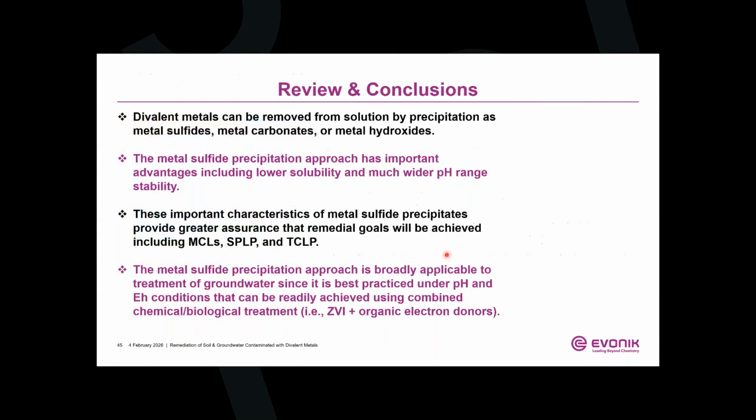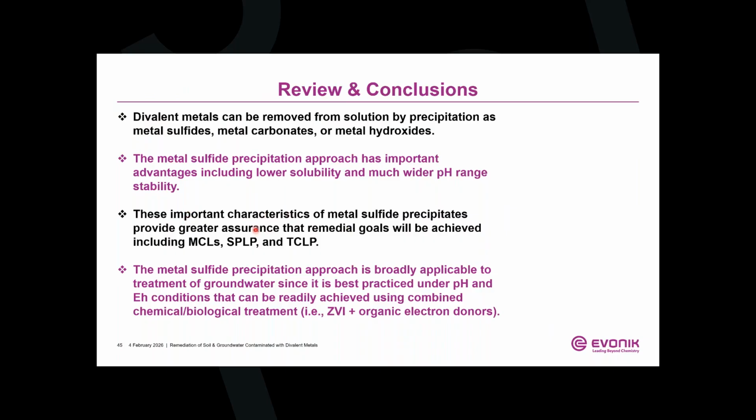All right, in summary then, just to hit the high points, divalent metals can in fact be removed by precipitation as metal sulfides, metal carbonates, or metal hydroxides. The metal sulfide precipitation approach has important advantages, including much lower solubility of the precipitates and much broader pH range stability.